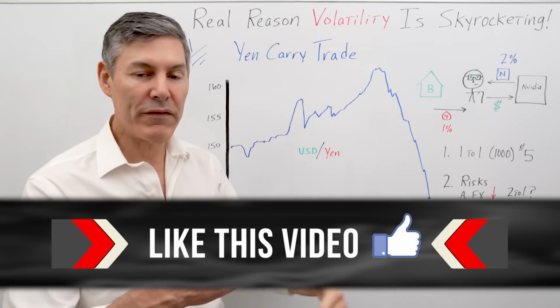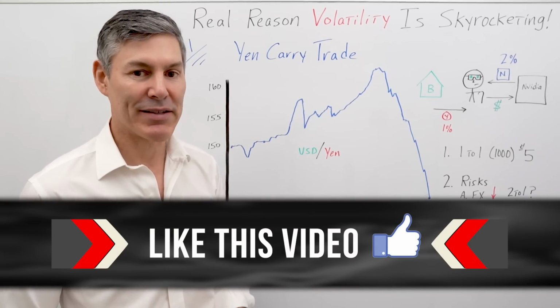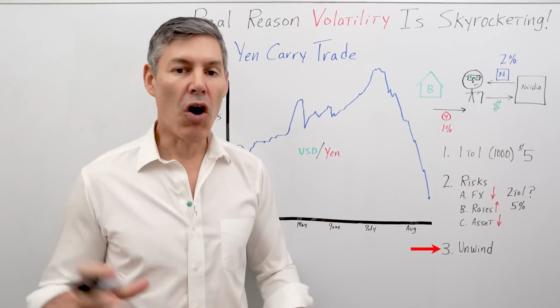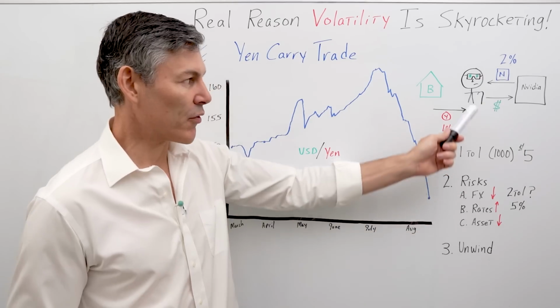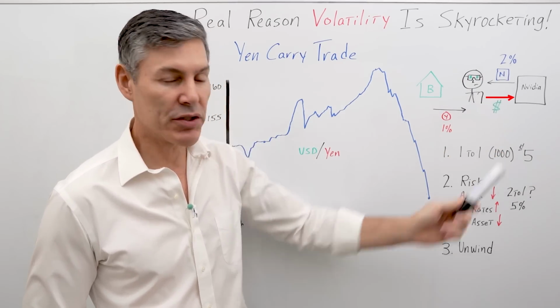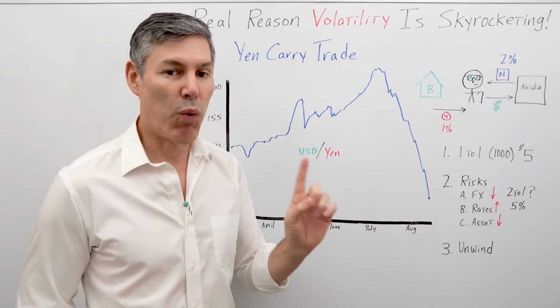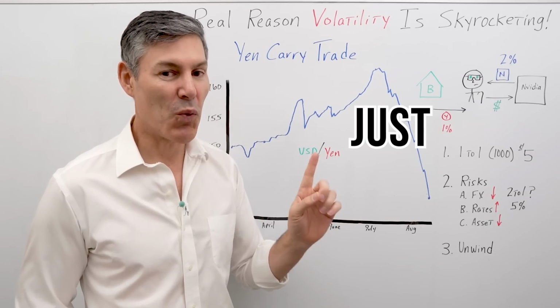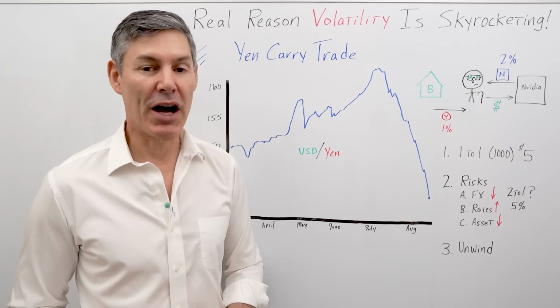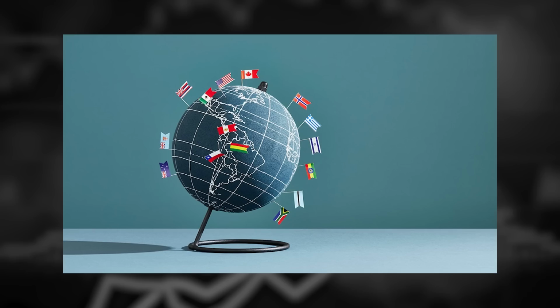So you have all of these things happening at the exact same time, which lead to this unwind. And all these things together put Slick Rick into a position where he's absolutely forced to sell those dollar assets. And this is one, I repeat, just one reason why you're seeing volatility spike in not just the United States, but in global markets.